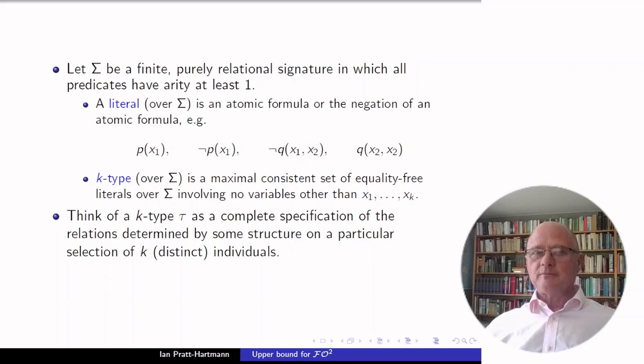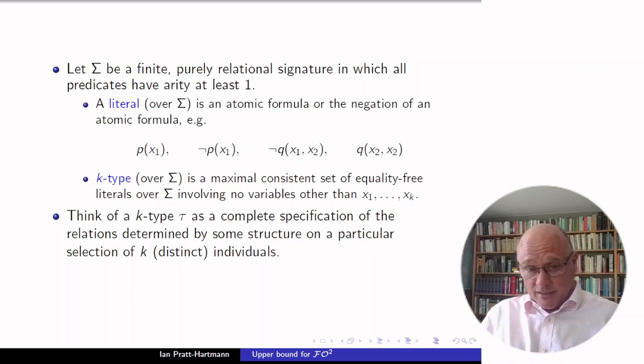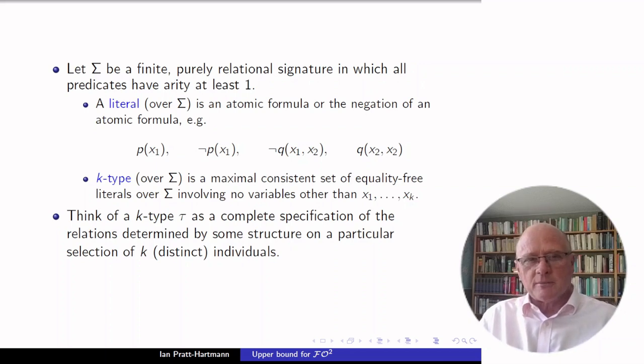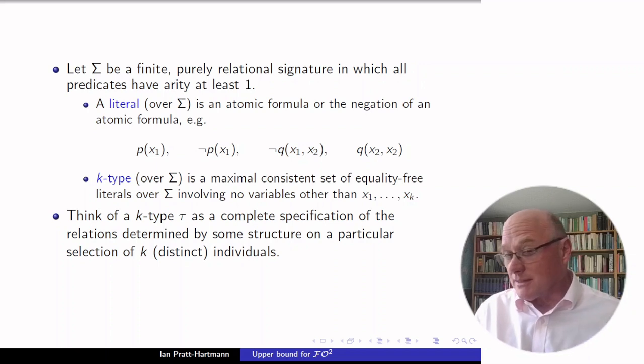A k-type is a maximal consistent set of equality-free literals over sigma involving no variables other than x1 up to xk. Think of a k-type as a complete specification of the relations determined by some structure on a particular selection of k individuals. Usually we will assume these individuals are distinct.